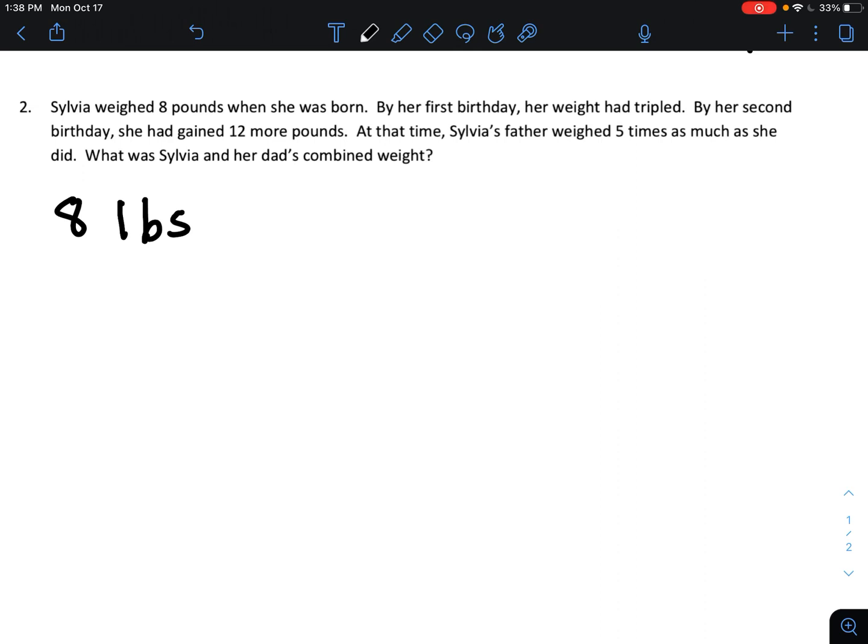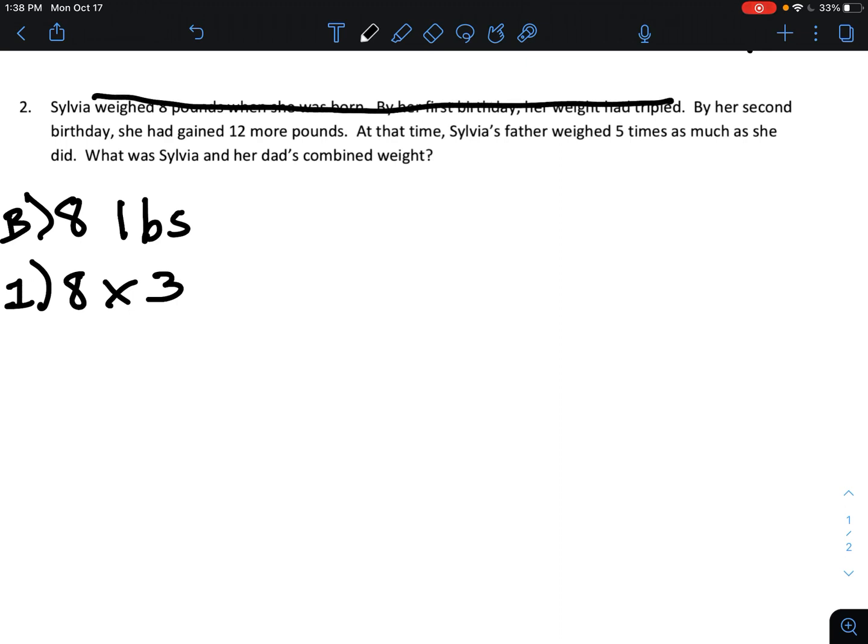That's right, so it'd be 8 times 3. So born, first birthday, it had tripled. All right, so I've read those two. By her second birthday, she had gained 12 more pounds. How would I show she had gained 12 pounds?